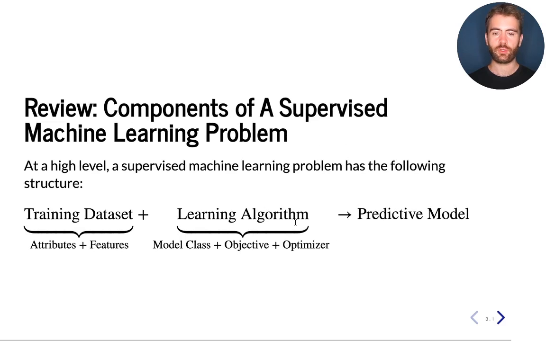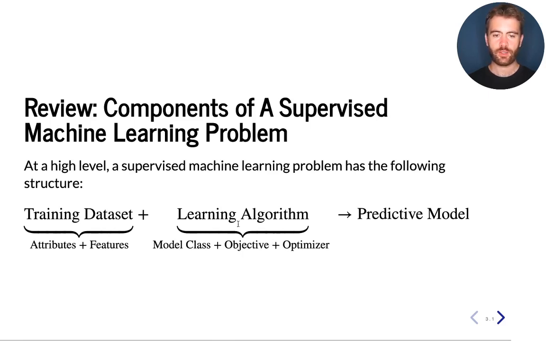Recall from our earlier definition of supervised machine learning that applying supervised learning to a problem involves specifying a training data set which contains labeled examples, and then also specifying a learning algorithm. When the learning algorithm is combined with the training set, we obtain a predictive supervised learning model.